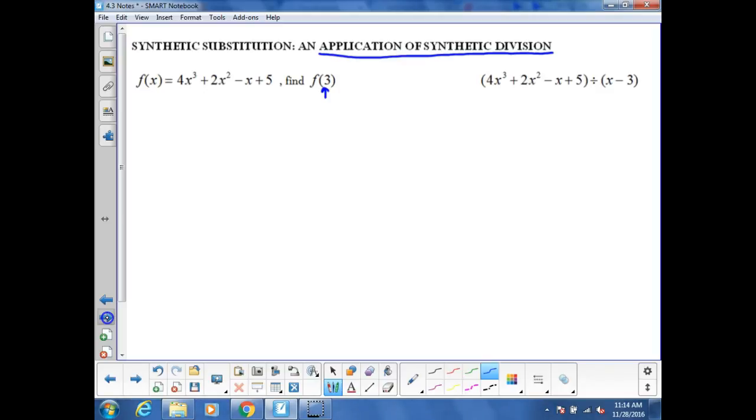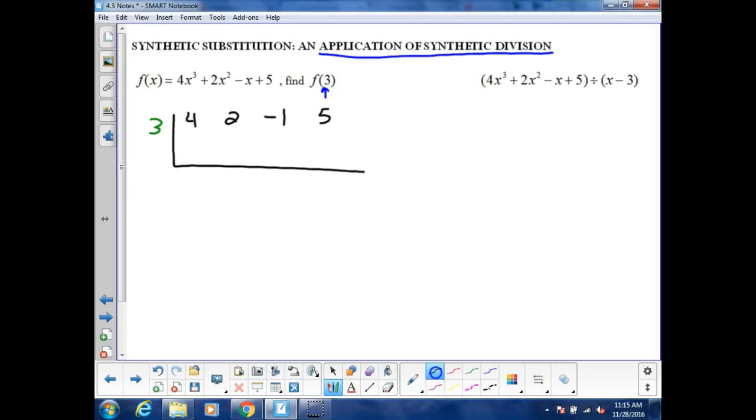So if I wanted to synthetically substitute 3 into this function, I would set it up very much the same. I would take 3 and put it on the outside. Then on the inside, I'm going to put in the coefficients. The coefficients are 4x cubed plus 2x squared minus 1x plus 5.